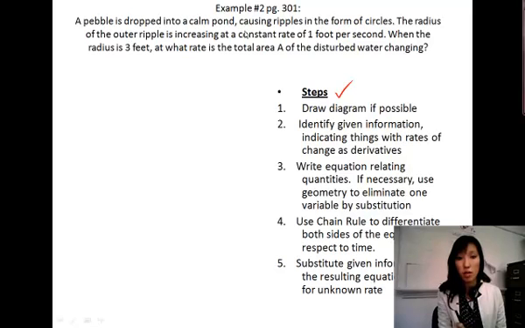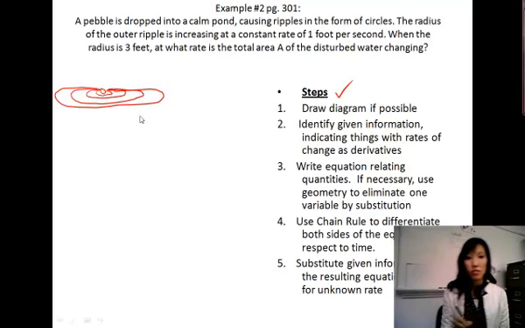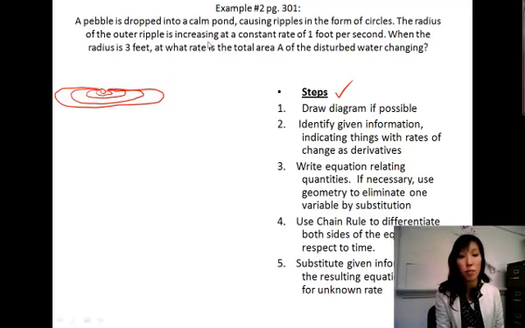A pebble is dropped into a calm pond, causing ripples to form in circles. I'm going to draw my pebble. When it hits the pond, it's going to have these rings, right? So here are my rings. These are ripples in the water. The radius of the outer ripple is increasing at a constant rate of 1 foot per second.